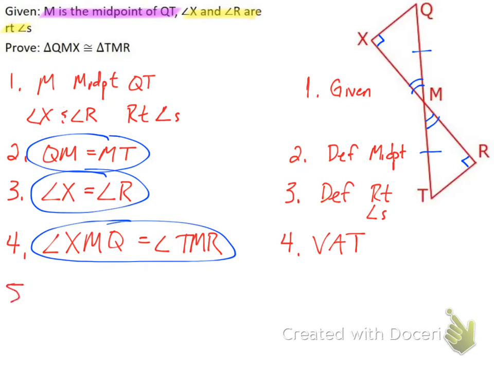And so with my fifth step, I can say that triangle QMX is congruent to triangle TMR. Again, when I look at one of the triangles, this angle, and this is the side, the side is not between the two angles. And so I know that this is an example of angle, angle, side.